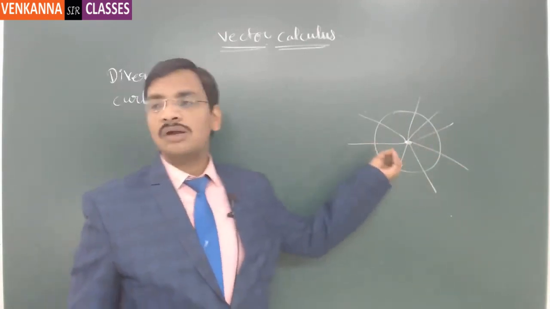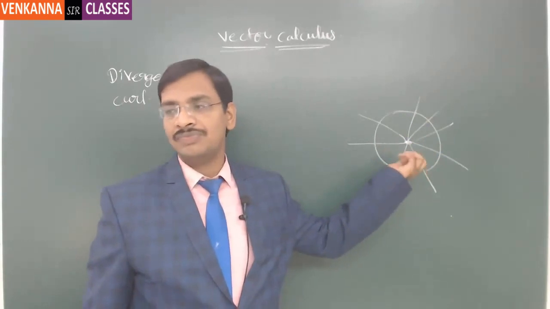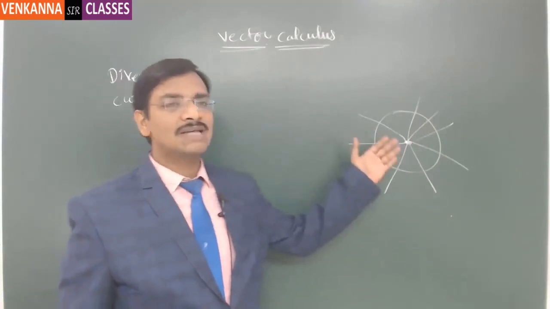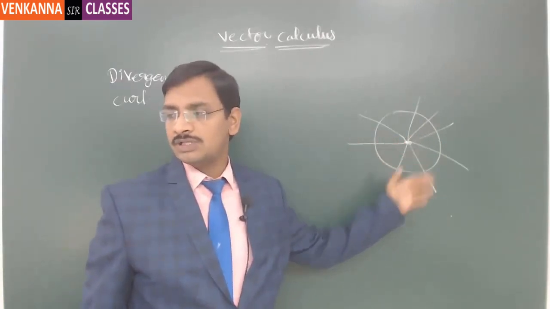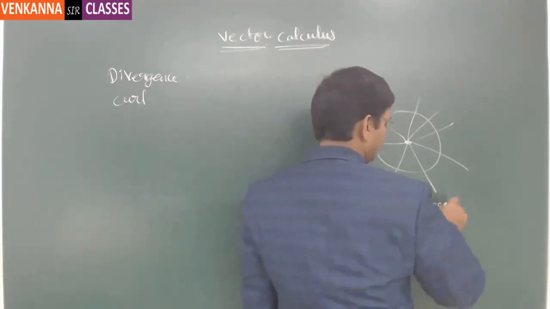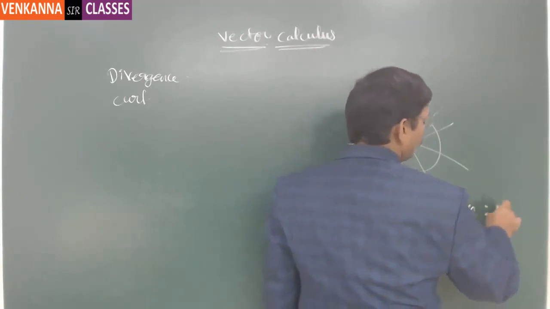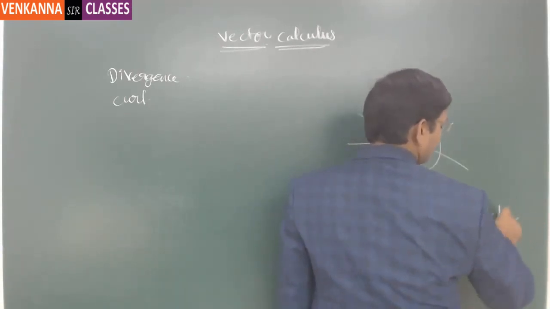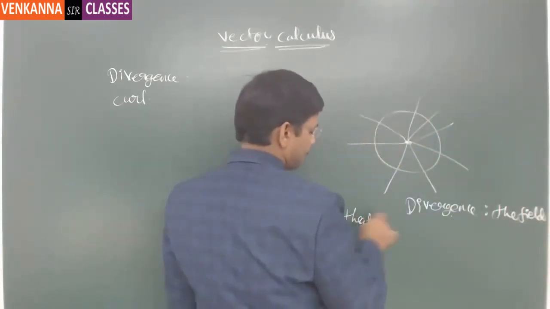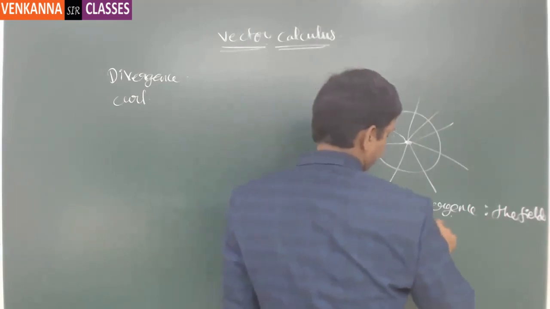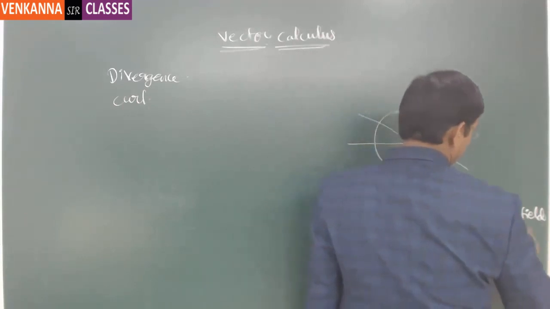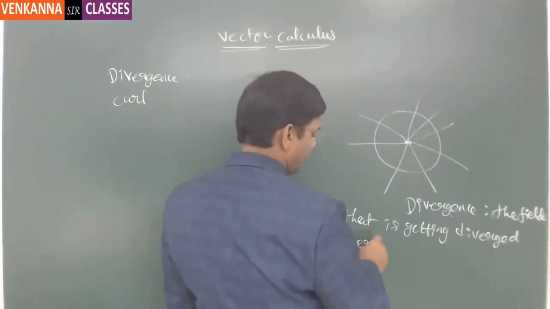Now, how much quantity of the fluid that is getting generated from here is going to diverge from this particular volume, right? The quantity that is getting generated and then going out of this closed surface is called the divergence. So, divergence is the volume or the field that is getting diverged per unit volume.